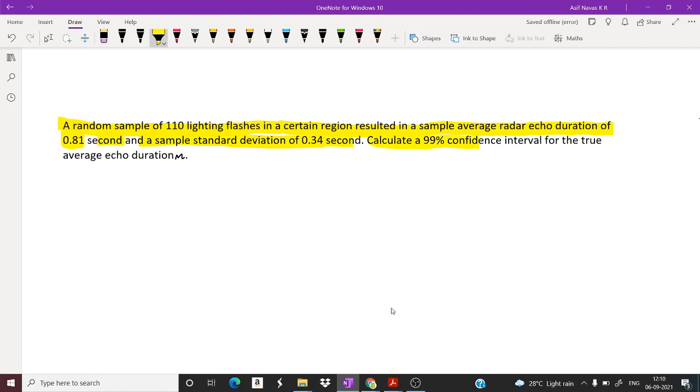Calculate the 99% confidence interval for the average echo duration.